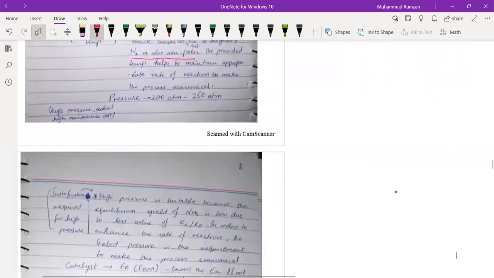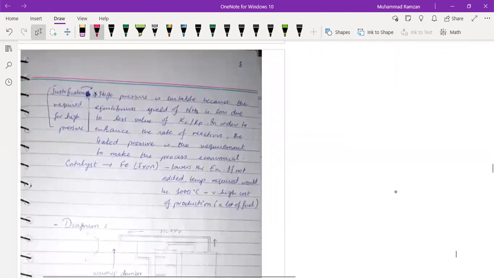Now we have a look at this. High pressure is suitable because the equilibrium yield of NH3 is low due to the low value of Kc/Kp.